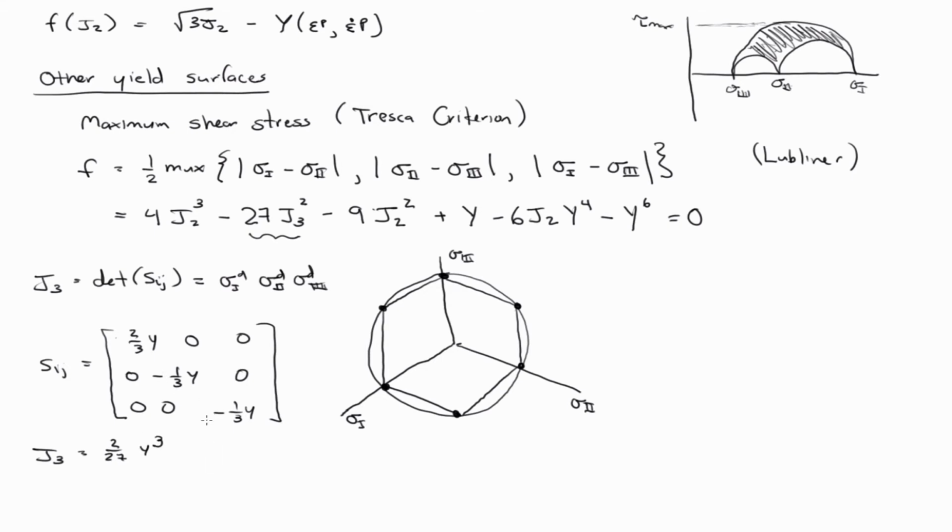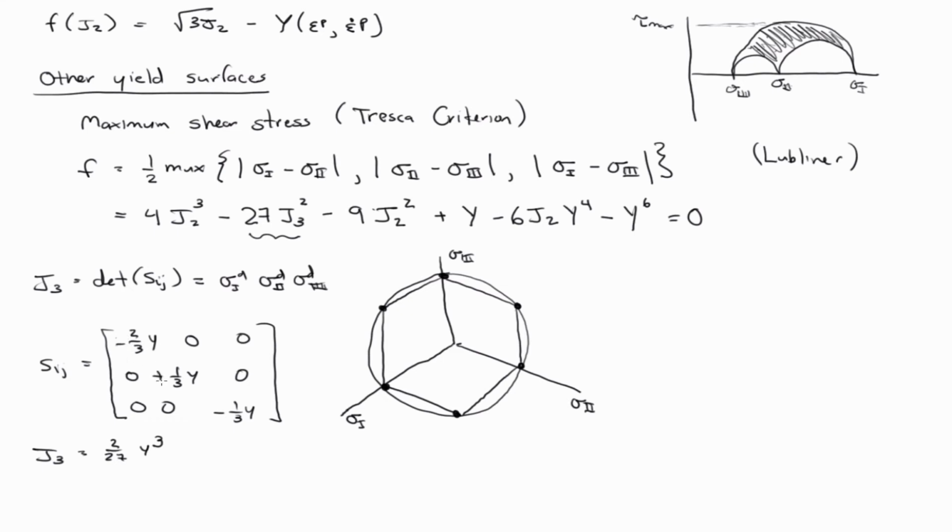Now, in this case, I didn't say it explicitly, but I defined tension to be positive, okay? So in this case, I was pulling on the bar. So if I turn around and then not pull on the bar, but push on the bar, then the signs of these are going to change.